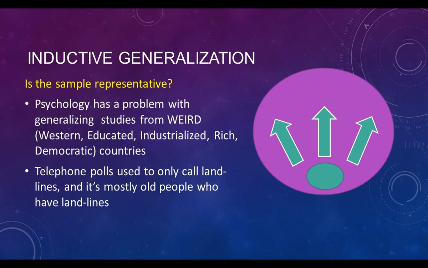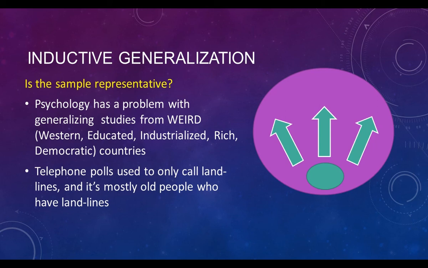Similarly, this is an old worry. I think they solved this one, but it used to be that political polls were done over landlines. For those of you who don't remember, the phone used to be attached to your wall. And old people had these things, whereas young people had cell phones, and they were only calling the landlines.